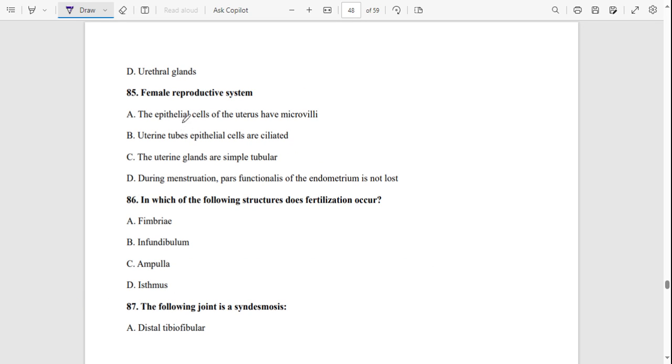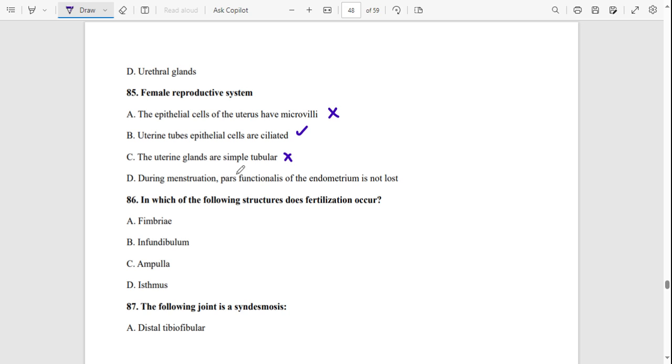Female reproductive system. The epithelial cells of the uterus have microvilli? Really not of the uterus. Uterine tube epithelial cells are ciliated. They do have cilia, that is what pushes the egg. The uterine glands are simple tubular? They are not simple tubular but branched tubular.